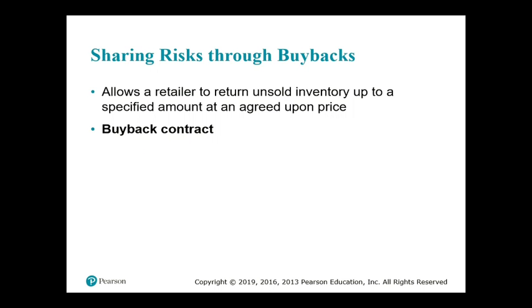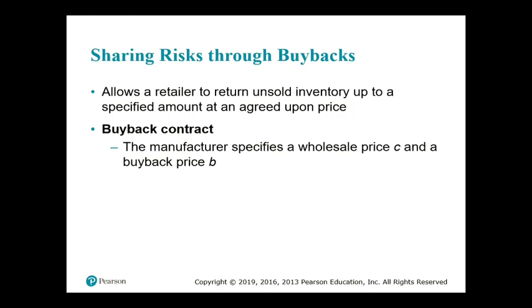The buyback contract, really what it does is to say to the retailer, if you don't sell the inventory at the end of the selling season, then I'll buy it back from you at a price not as high as the retail price, but better than your salvage cost. In that sense, the retailer's inventory risk is reduced, right?